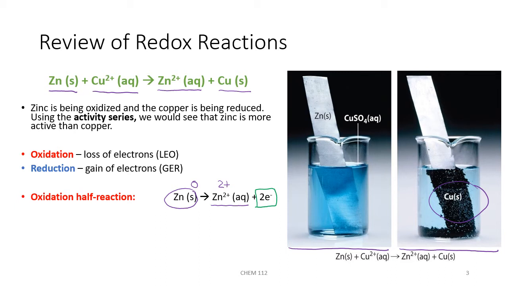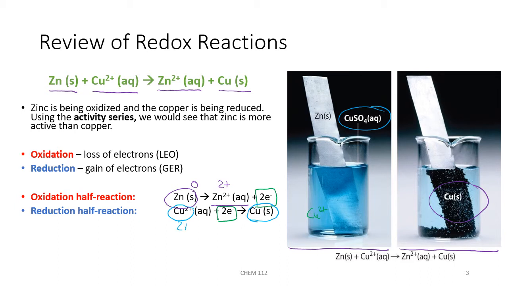So let's look at the other half of this, the reduction half reaction for copper. Copper in this case started out as a +2 ion in the solution of copper sulfate. So there were copper 2+ ions swimming around in there, along with sulfate spectator ions. And the copper 2+ ion gained 2 electrons. And when it gained those 2 electrons, it became reduced down to elemental copper.